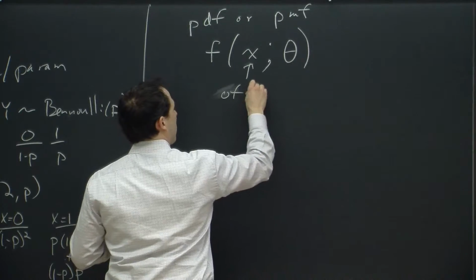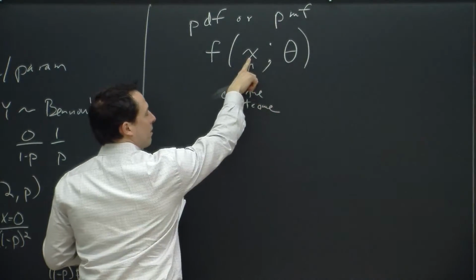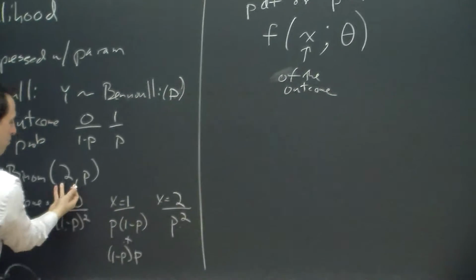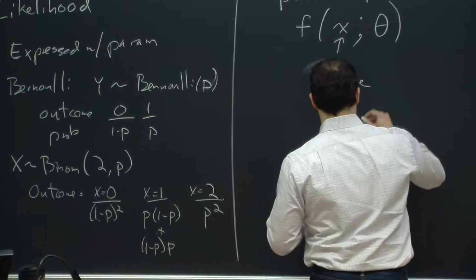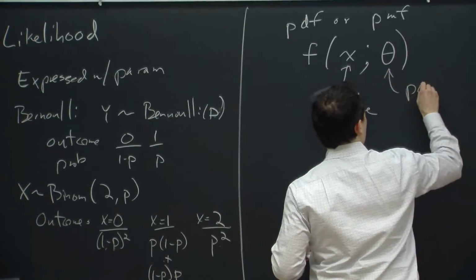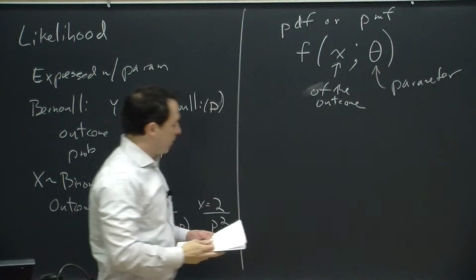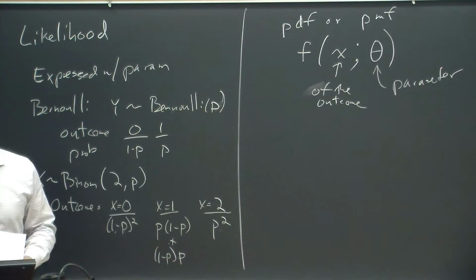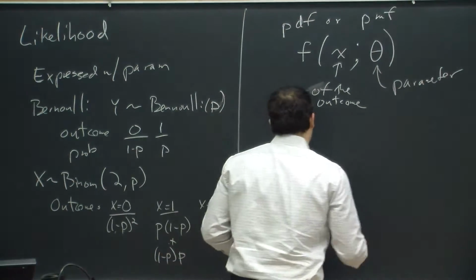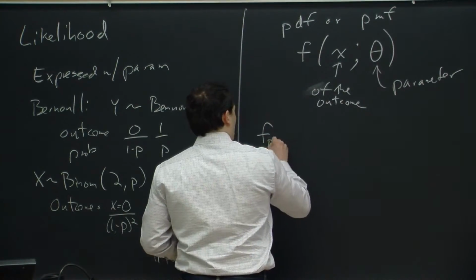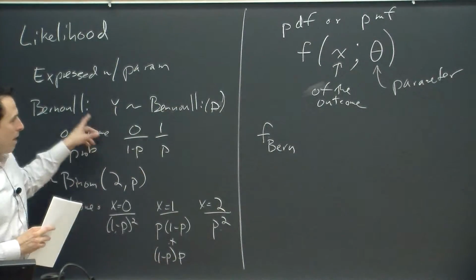So it's a function of the outcome, where x, in this example, would be 2, and the parameter. Now if I have more than one probability distribution around, I need to keep track of which f I'm talking about.